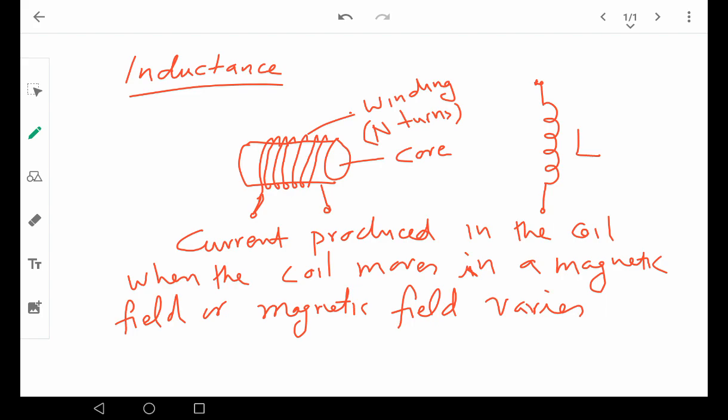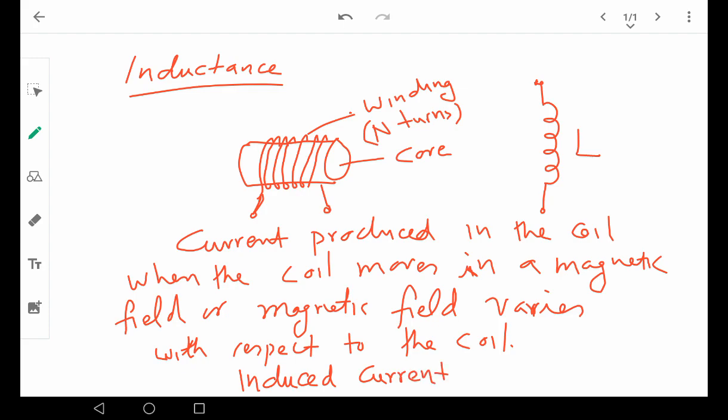Varies means changes with respect to the coil. So either the field should change with respect to the coil, or the coil should move in a constant field. Then you have a current induced. This current is called the induced current. In an inductor you have an induced current.